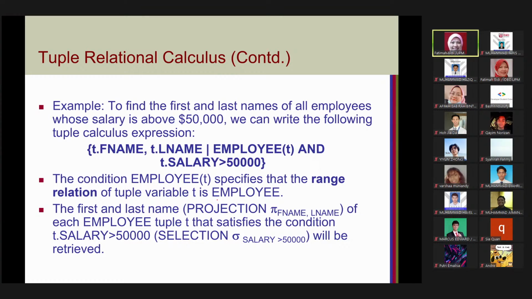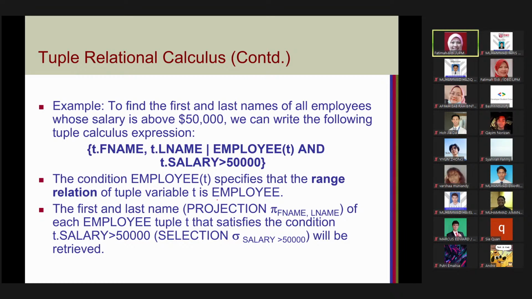In this example, to find the first and last name of all employees whose salary is above 50K, for relational calculus we can write the following tuple calculus expression, because we want to find, right? We want to project the first and last name of the employees.